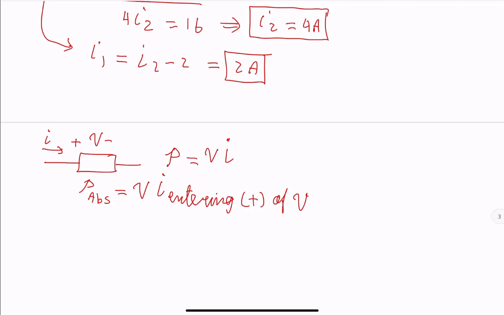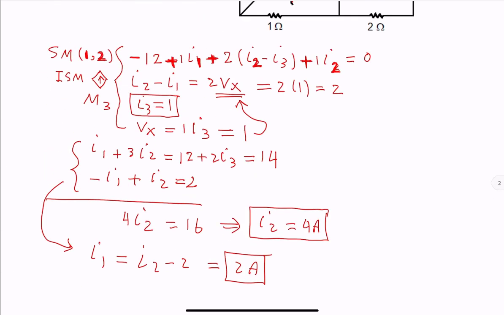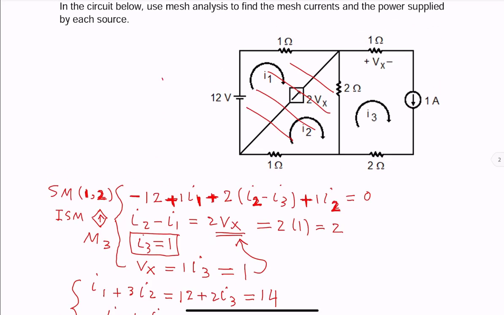So for the 12-volt source, positive is on the top, negative is at the bottom. Current exiting the positive is I1.